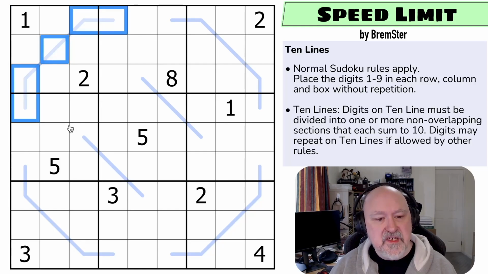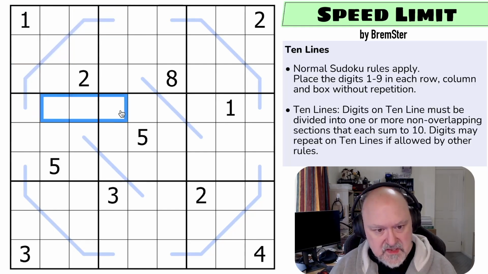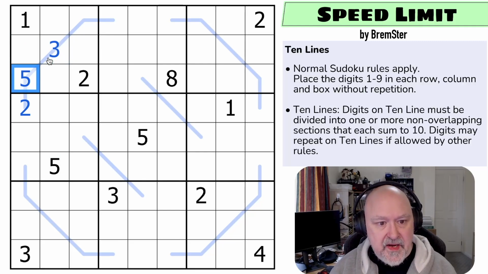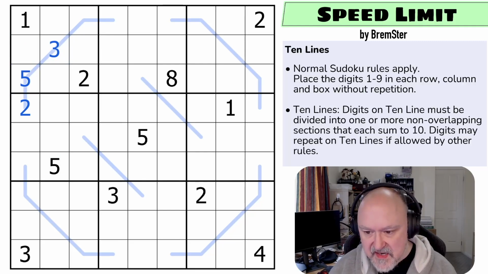The only way to do 10 in 3 cells, the minimum is 2, 3, 4. And to get to 10, I need to increase one of those digits by 1. So the 3 cell section has to be 2, 3, 5. And I can't put 2 in any of those cells. That's a 2, and this is a 3, 5, and the 5 is making that the 3 and that the 5, and the 10 line divider is there.